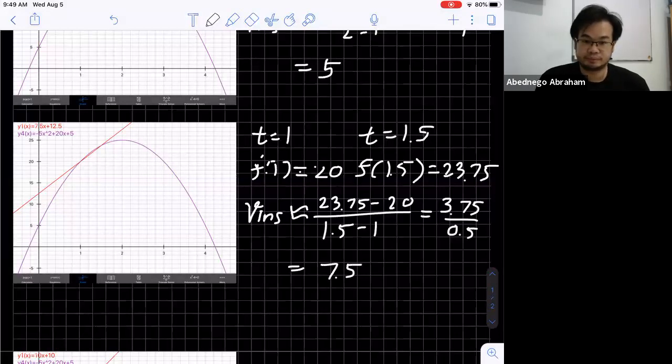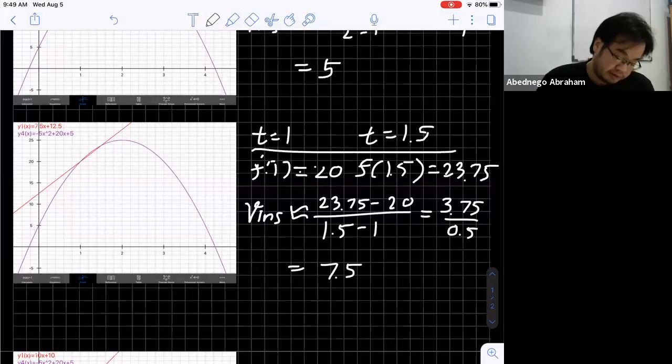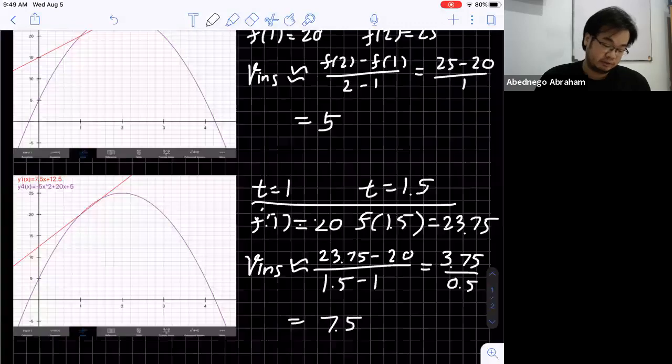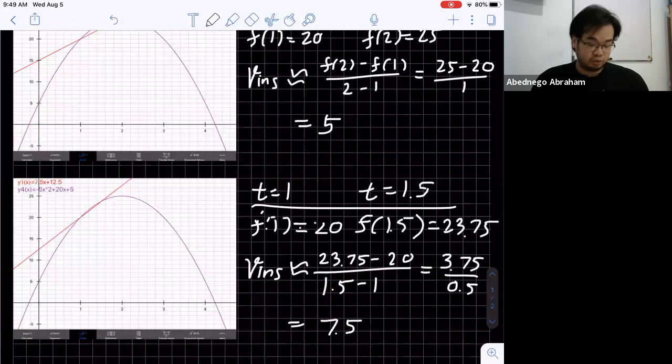Okay. If you continue to make it smaller, then the two conditions given are actually at the same point, right? When t equals 1 and t equals 1 also.